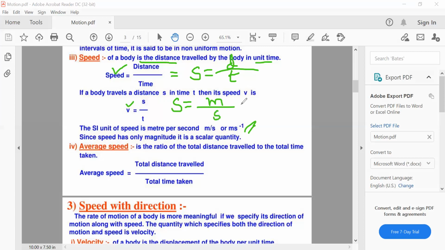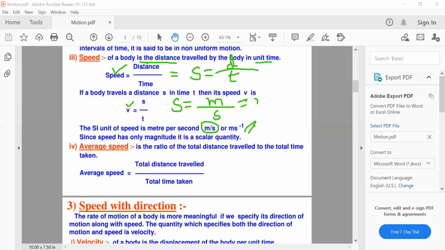Combined, we can write it as meter per second, that is m/s, or m s to the power of -1. This is meter per second.